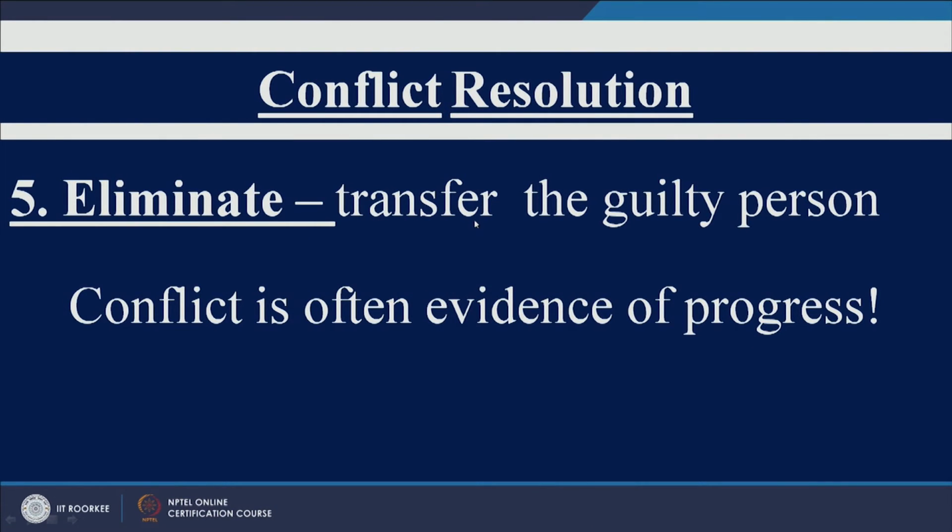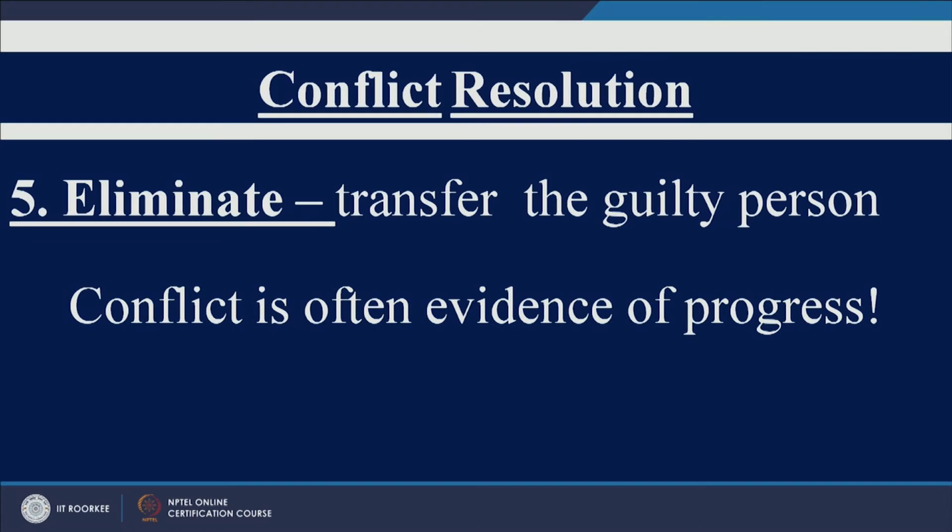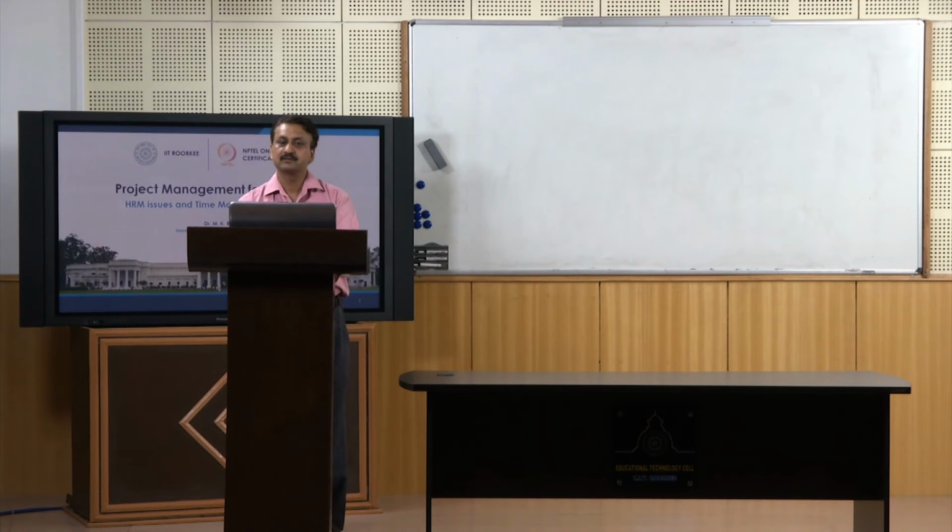If there are two warring parties, then try to transfer the guilty person to some other department, right. If not possible, then the final solution is you just fire him, right. But if you are in a government project, then firing an employee is also a difficult task, right. He may go to a court of law again and so many things, right. So, elimination is also one of the methods of conflict resolution.